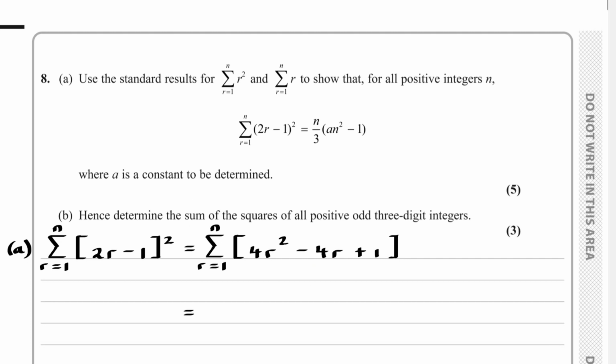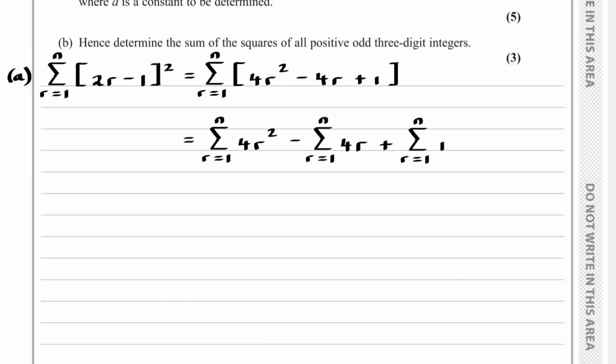Rewriting this, it is the same as the sum of 4r squared from r equals 1 to n, subtract the sum of 4r from r equals 1 to n, plus the sum of 1 from r equals 1 to n. Continuing, we can rewrite this as 4 multiplied by the sum of the r squareds from r equals 1 to n, subtract 4 multiplied by the sum of r, plus the sum of 1.